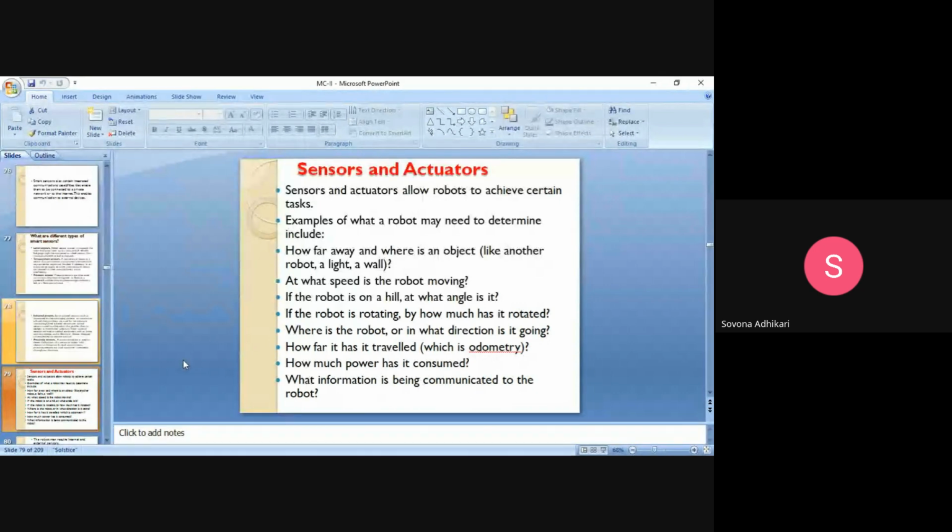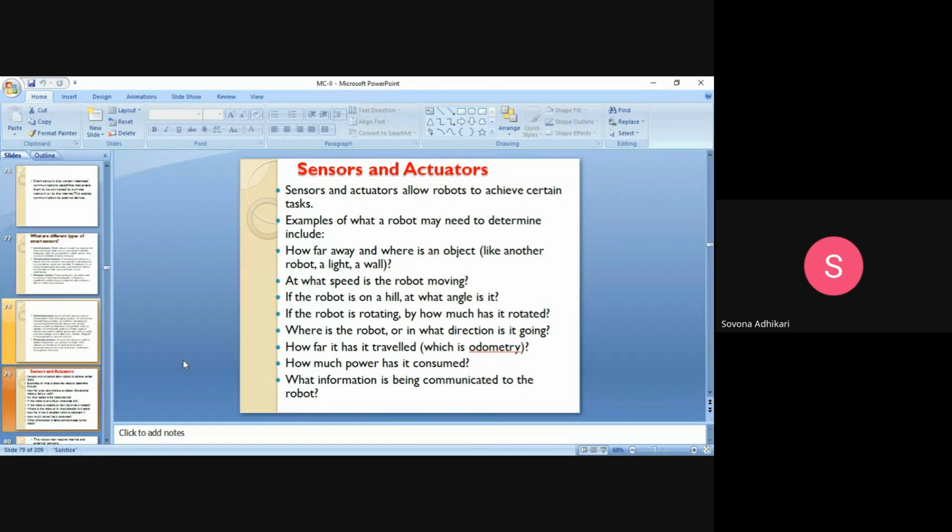Sensors and actuators are both associated with robotic engineering, and they have other applications also. Sensors and actuators allow robots to achieve certain tasks.